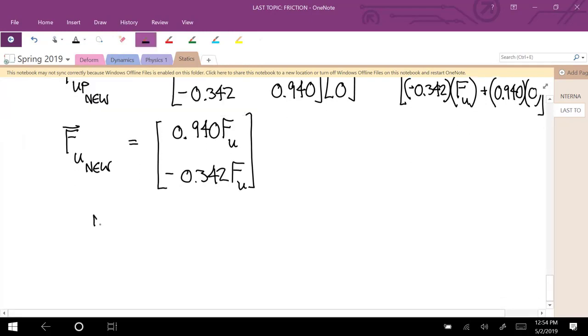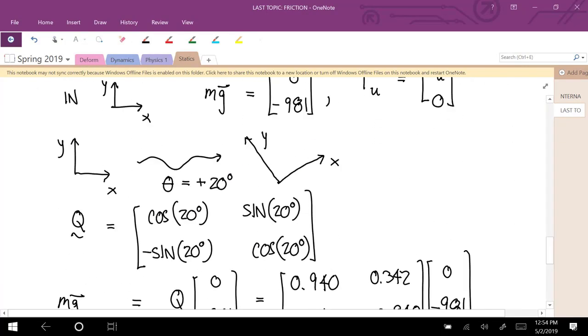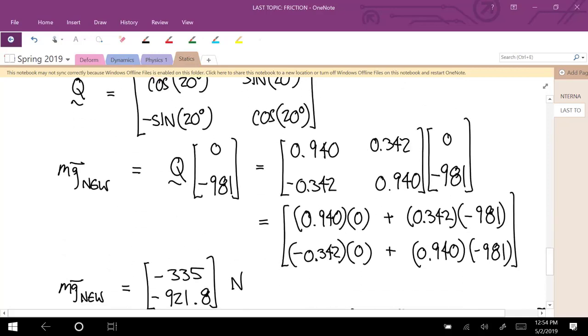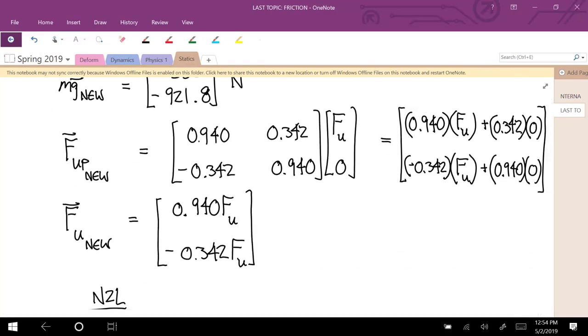Okay, so Newton's second law. The forces we have are the two that we just calculated, the normal force and the friction force.